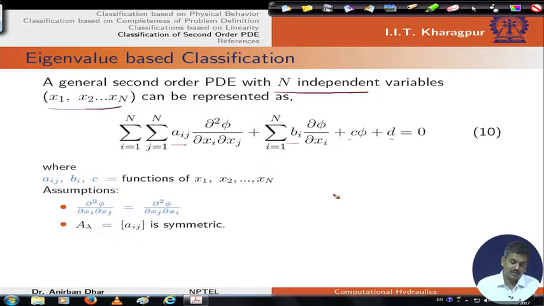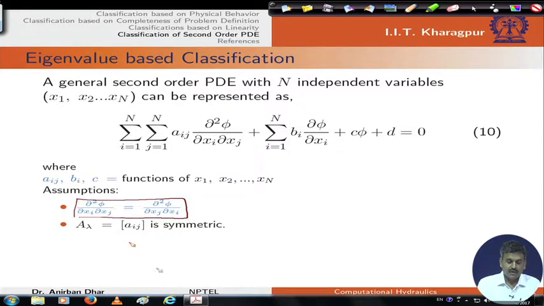These are either functions of x1 to xn or constant values, with the assumption that for the cross terms we have symmetry.